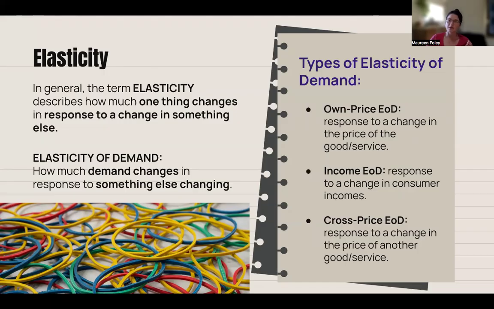That's a response in quantity of demand to a change in the price of the good or service. And then you have income elasticity of demand, and that's a response to a change in consumer incomes, how much money people are making. And then we have cross price elasticity of demand, which is how much demand changes in response to a change in the price of another good or service.